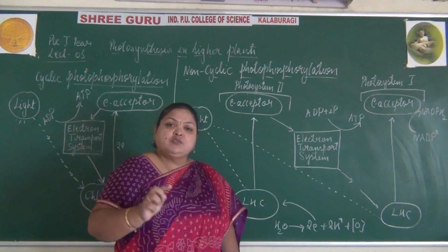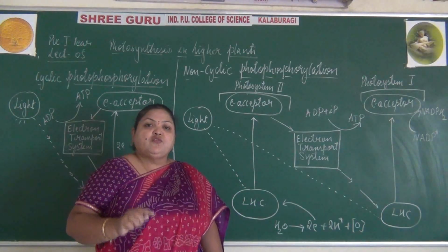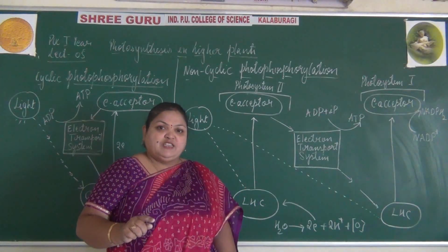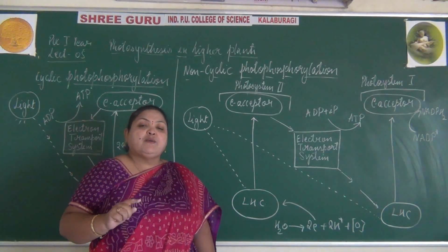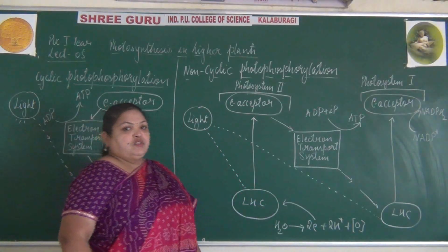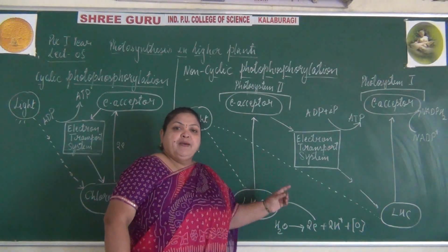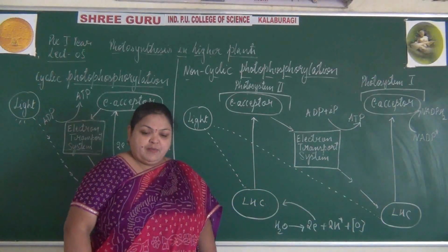The third process is photophosphorylation, that is synthesis of ATP molecules in the presence of light, where adenosine diphosphate combines with inorganic phosphate with the formation of ATP.